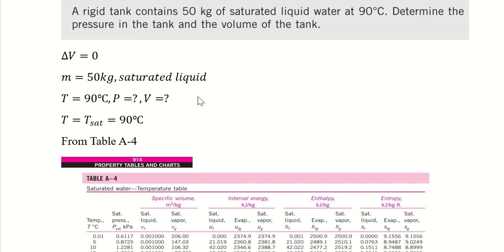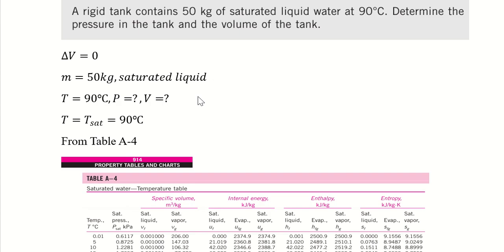By definition, saturation temperature is the temperature at which a pure substance, for example water in this case, changes phase. So for this specific question, they're telling us that at 90 degrees Celsius, if you were boiling water, it would hit the saturation line, the point where it's going to start boiling, changing phase.